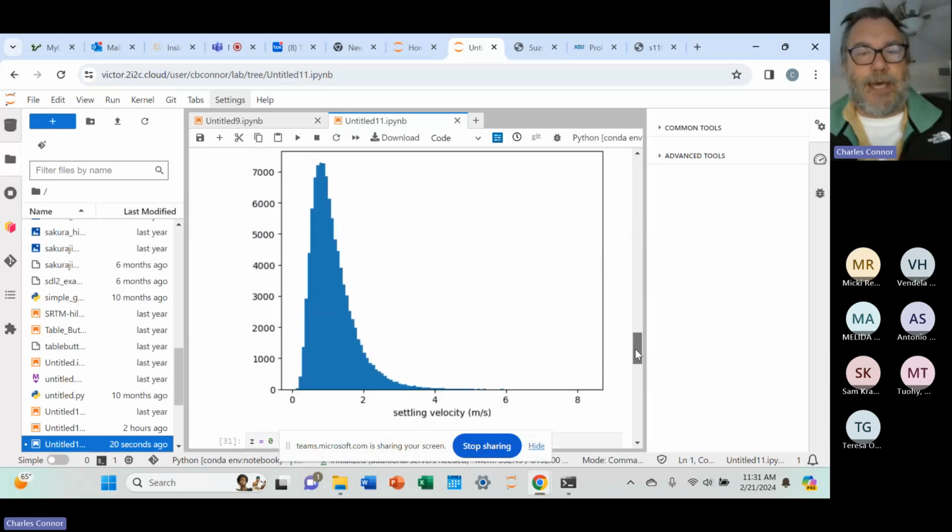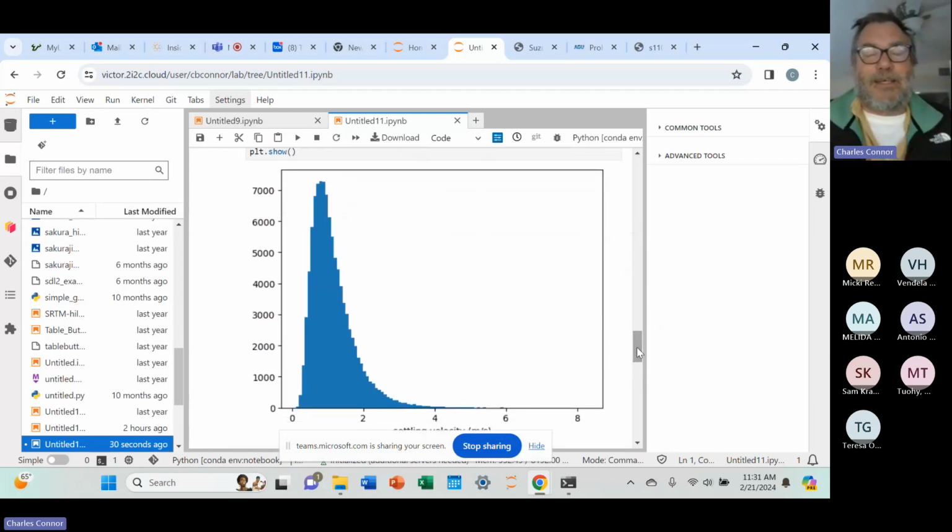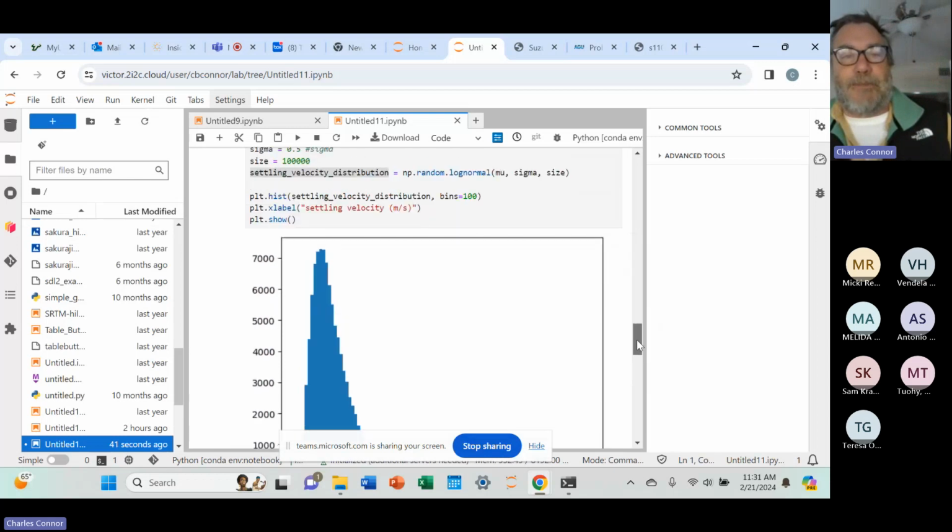A few years later, she built a huge apparatus, essentially a wind tunnel, to determine the settling velocities of these ranges of particles. Or you could go back to Wilson and Walker and look at their empirical relationships for settling velocity in the atmosphere, though that would be incorrect to do at this point.